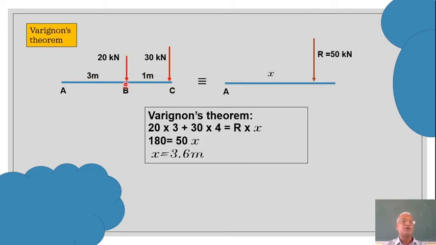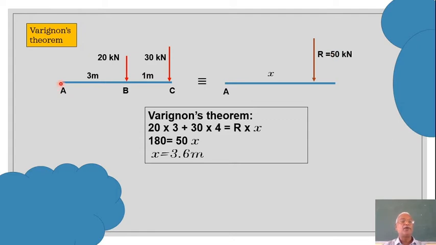There is a force of 20 kilonewtons at B, and then 30 kilonewtons at C. Now if I want to replace these two forces and place a resultant on ABC so that it will have the same effect, the theorem to be used is that the sum of moments of these forces should be equal to the moment of the resultant. That is the concept we use.